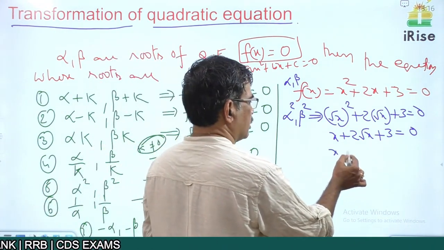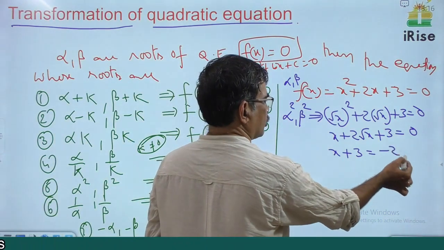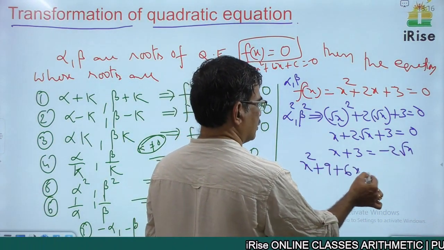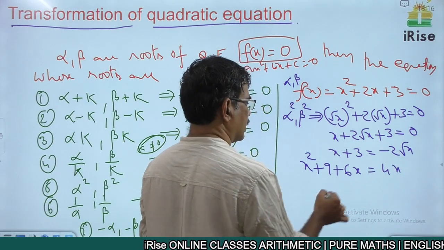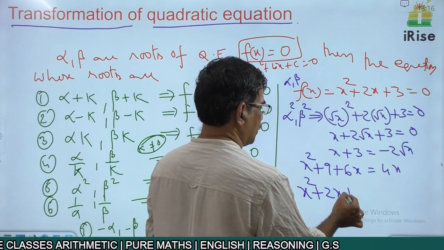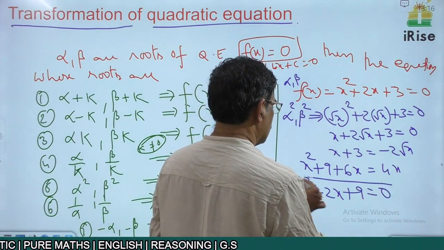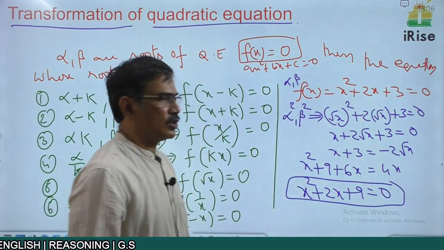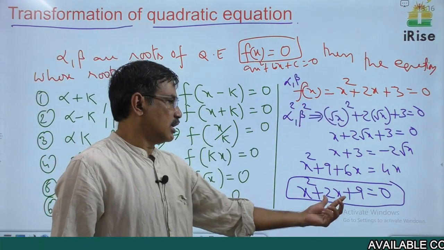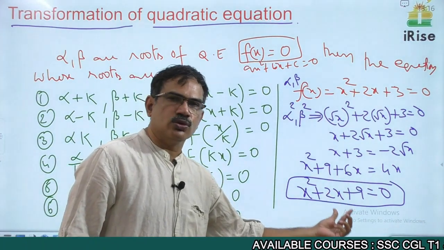Here this can be written as x plus 3 is equal to minus 2 root x. Squaring on both sides, x square plus 9 plus 6x is equal to 4x. Transfer to the left side, x square plus 2x plus 9 is equal to 0. This is the transformed equation. If alpha beta are the roots of the original equation, then alpha square comma beta square are the roots of this equation.